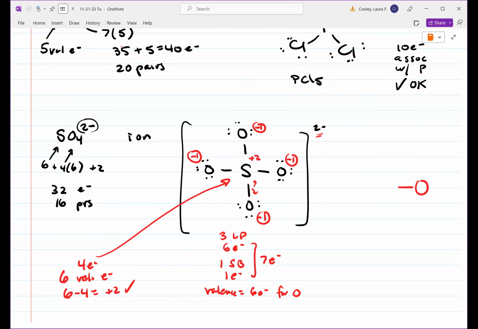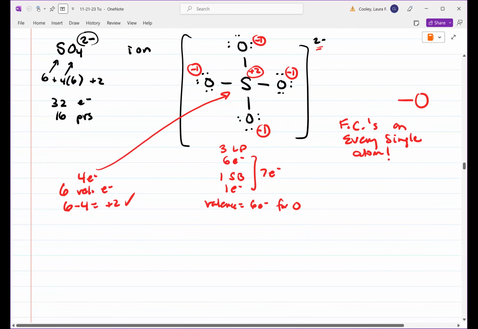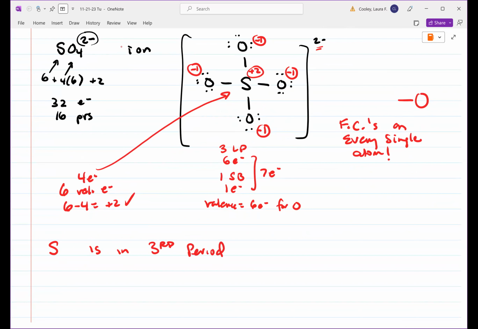So that works. The simple way of writing the Lewis structure, the way we've been taught so far, would put formal charges on every single atom, and it's got a +2 charge on one of them. That's not so good. But sulfur is in the 3rd period, so sulfur gets to do expanded valence.